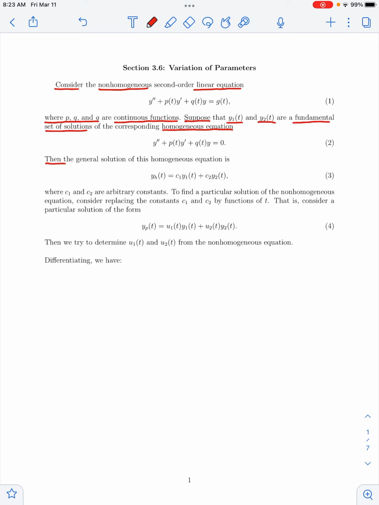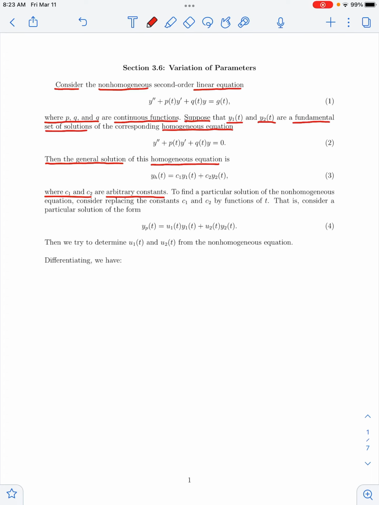so that the general solution of our homogeneous equation, the homogeneous solution, would be of the form c1y1 plus c2y2, where c1 and c2 are arbitrary constants.